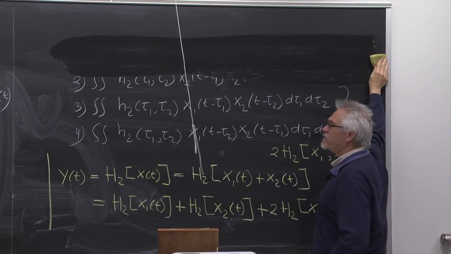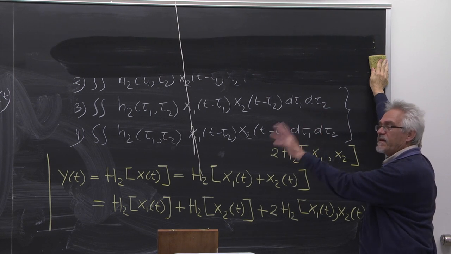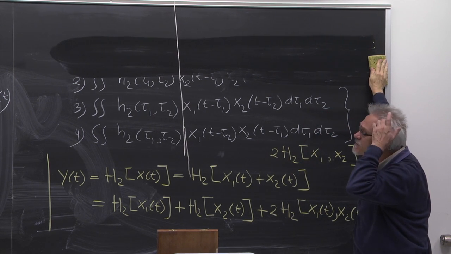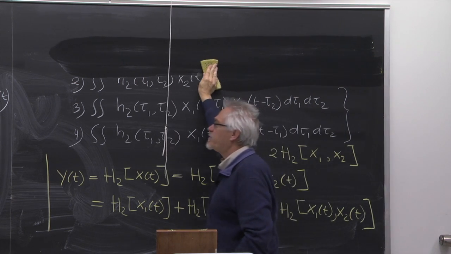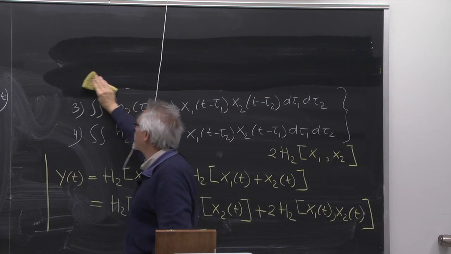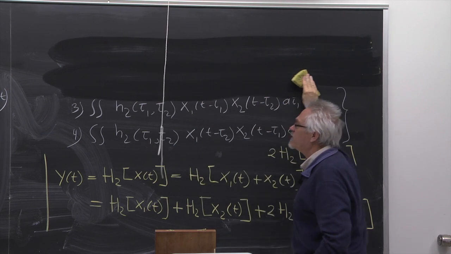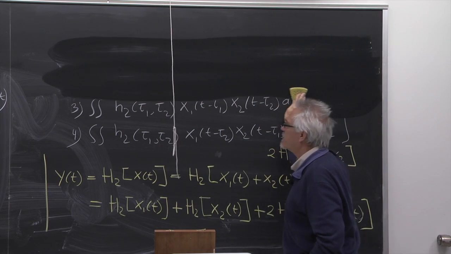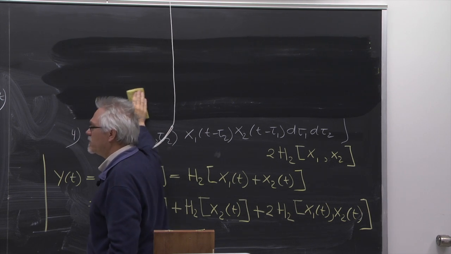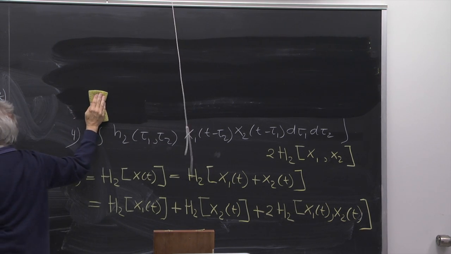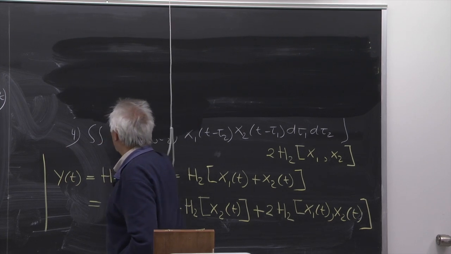Because what we are now going to do is pretend that we don't know this system. Although we know what's going on in it, we are pretending that this system is a black box. And the only thing that we know about this system is that it is a second order system. And our assignment is to characterize H2. That's the goal.